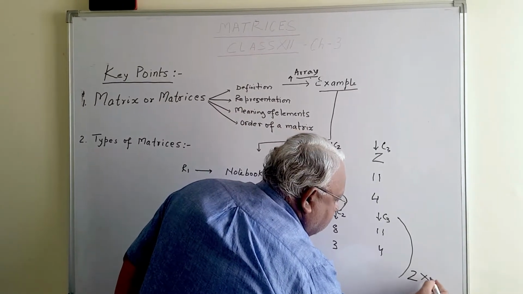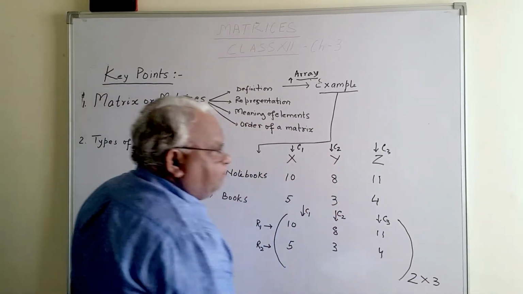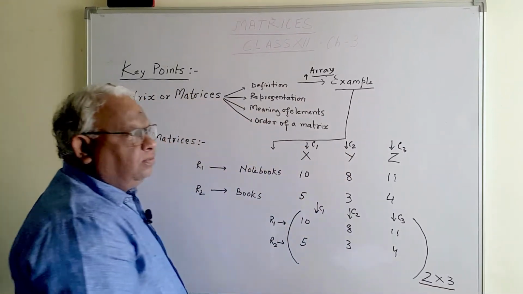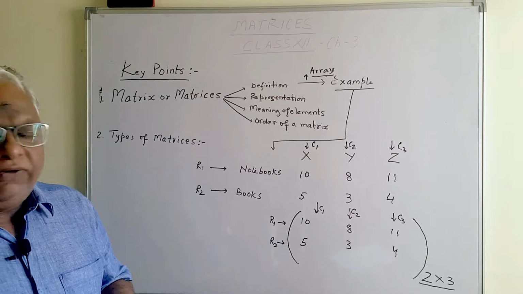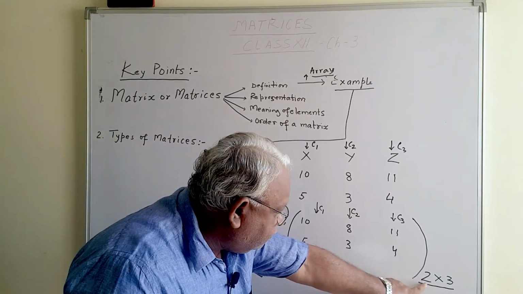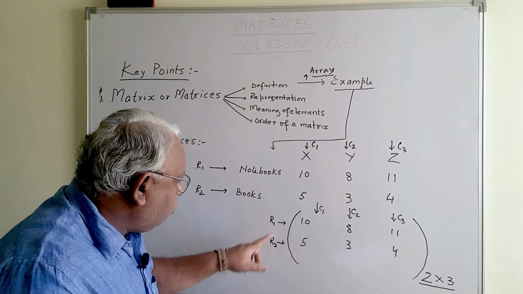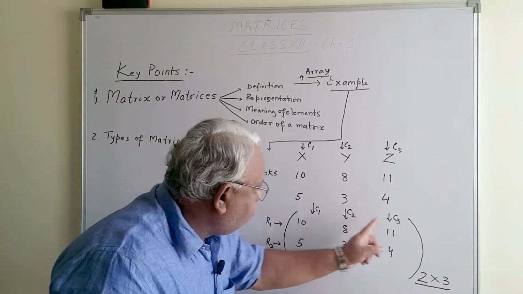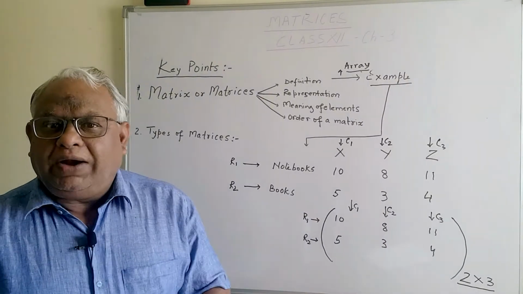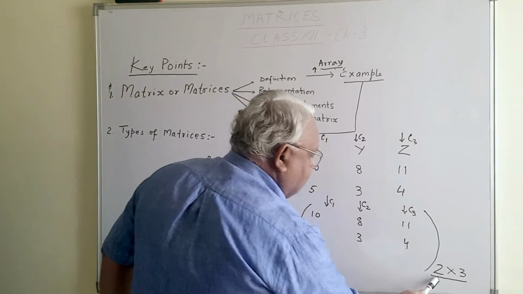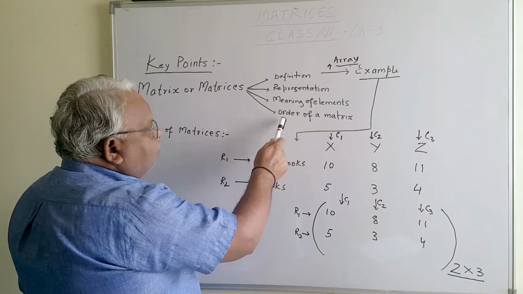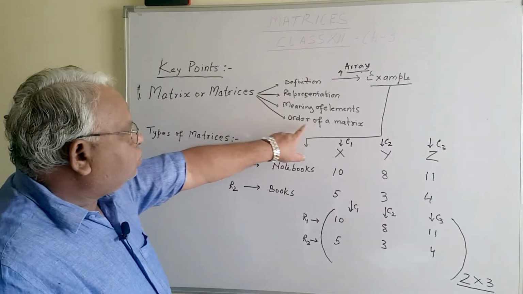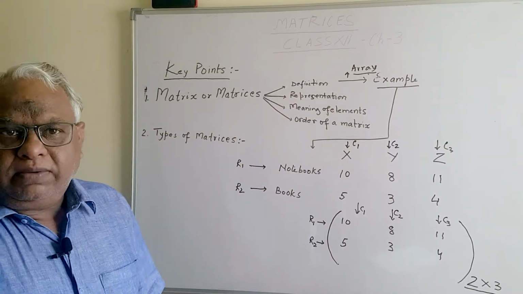So this is written as 2 cross 3, and this is an order of representation. The first value represents the number of rows, the second value represents the number of columns. This 2 cross 3 is defined as the order of a matrix.